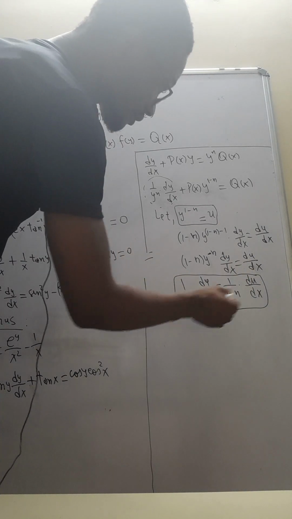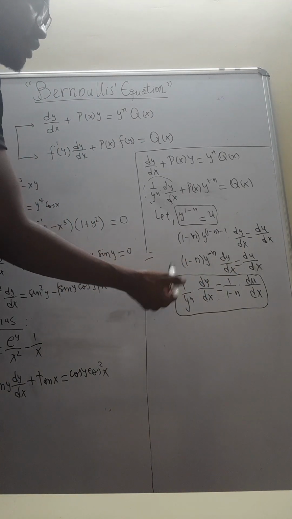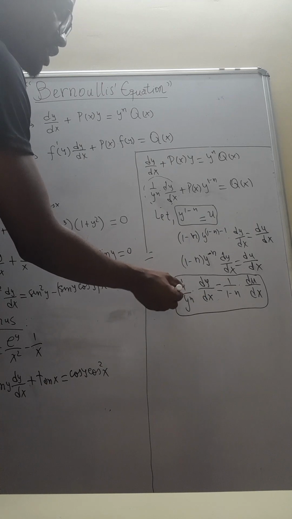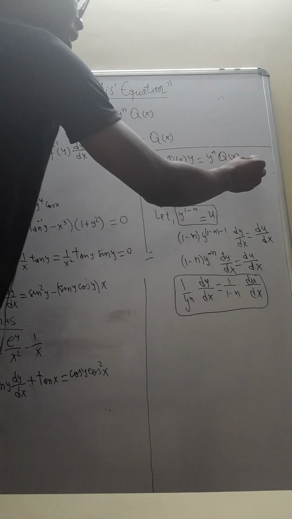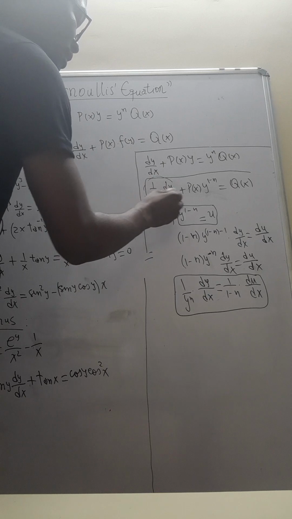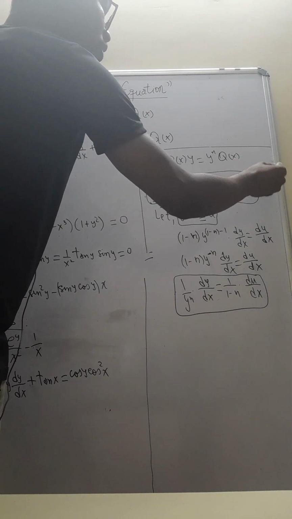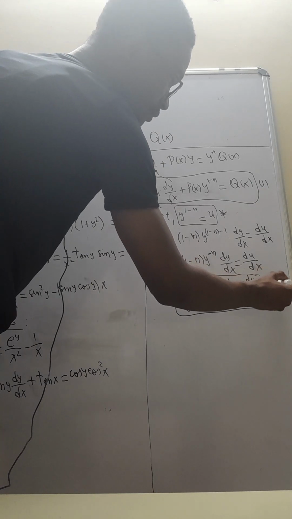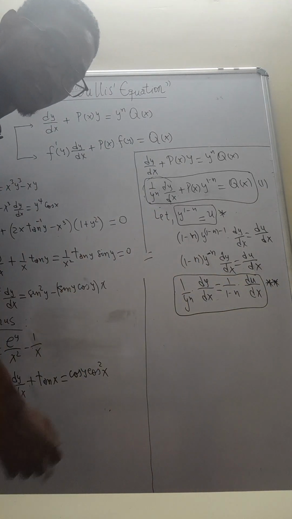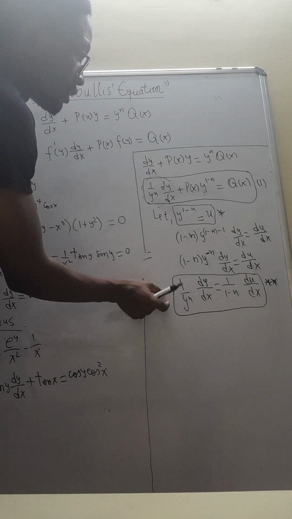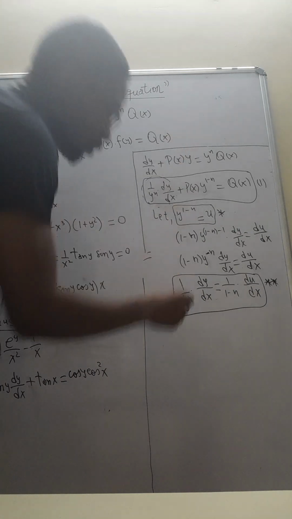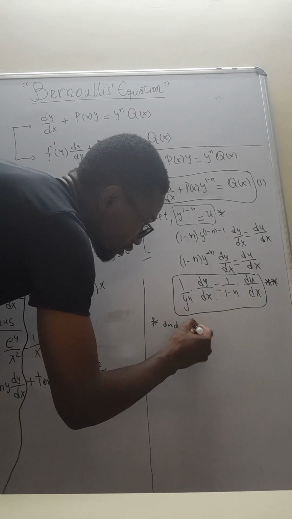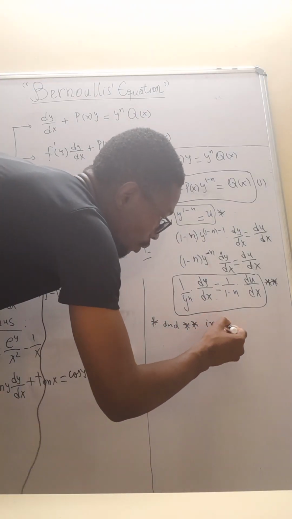The next thing is to substitute this expression and this expression into the main expression. I'll call this 1, this star, and this double star. So just put star and double star into 1.